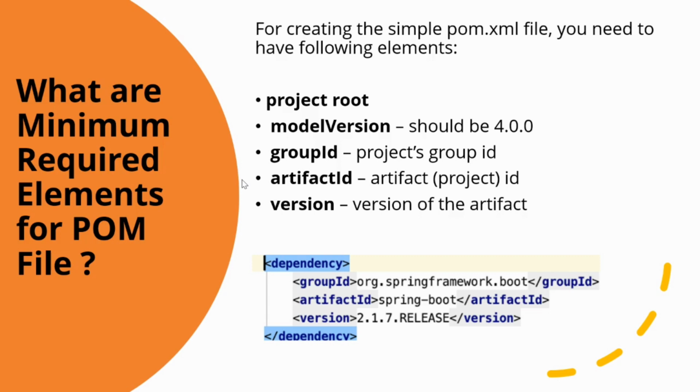The group ID is the sub-element of project. It specifies the ID for the project group. The artifact ID is the sub-element of the project. It specifies the ID for the project. An artifact is something that is either produced or used by a project.